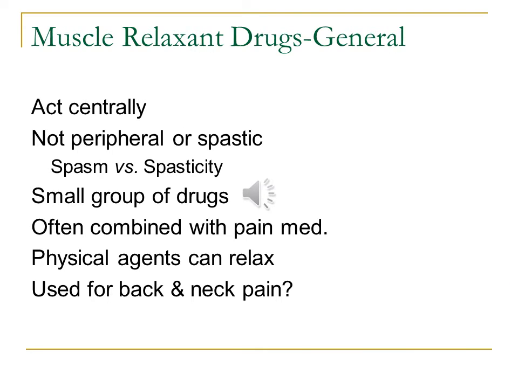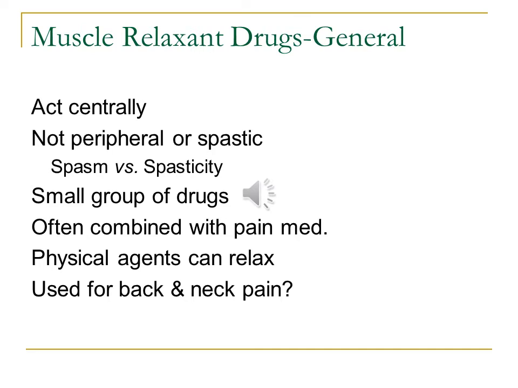Muscle relaxant drugs, just some general information. The kind that we're primarily going to be talking about are more central acting on the central nervous system impulses. We typically are not going to be using a lot of direct acting, peripheral-based muscle relaxant drugs because of, again, the difference between spasm and spasticity.